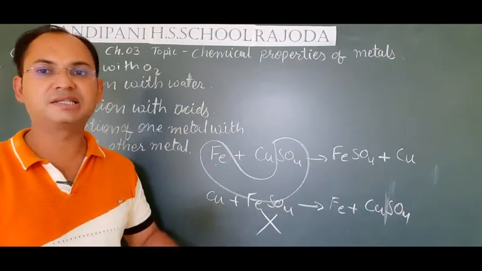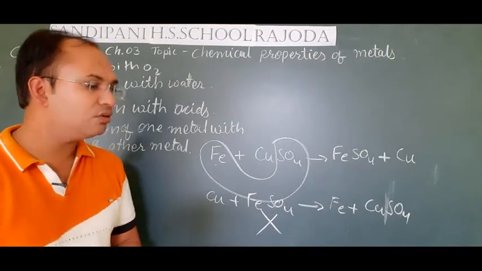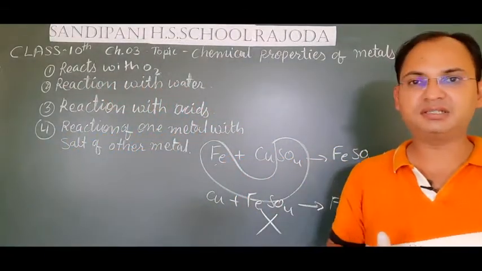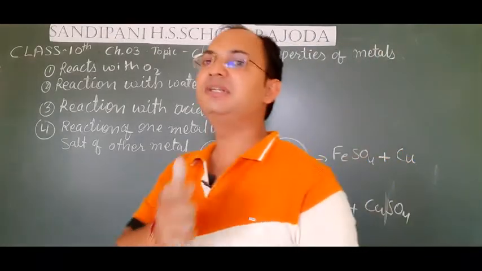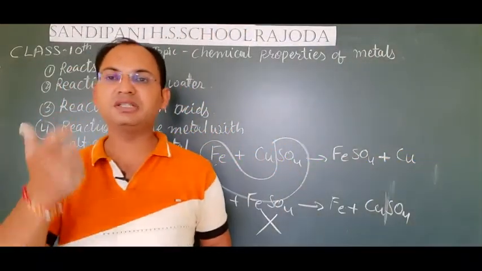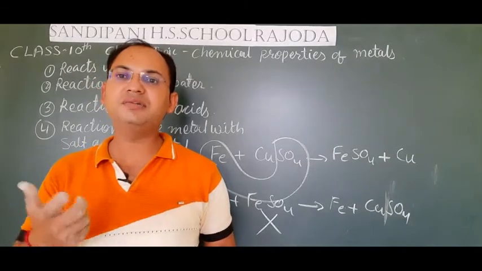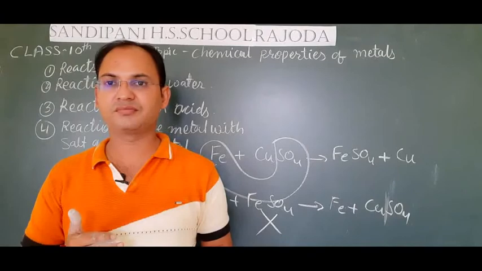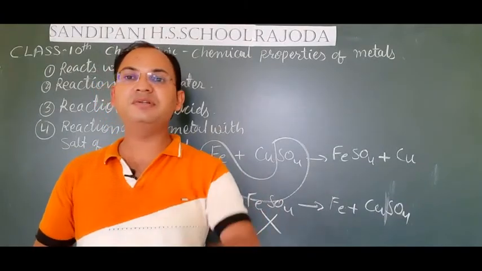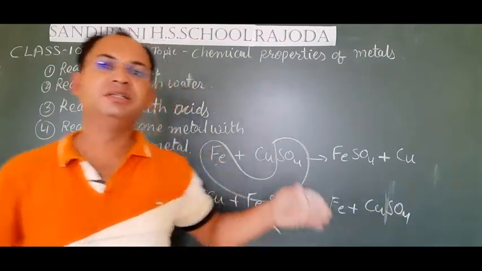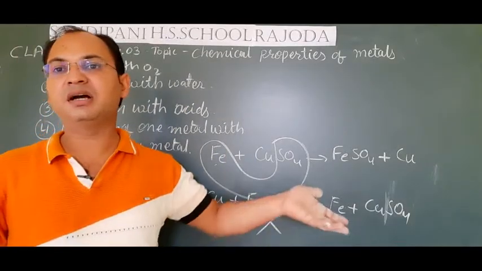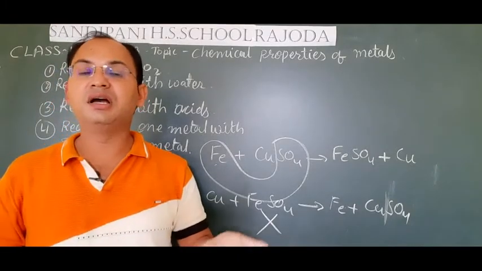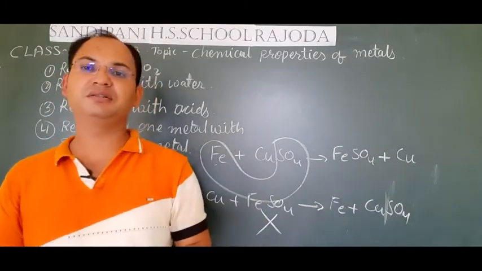Copper is less reactive. So, in order to understand which metal is more reactive and which one is least reactive, we have the reactivity series. The reactivity series of the metal is the series in which the metals are arranged in the form of their reactivity. It will be more convenient for us to understand which metal can be replaced by another metal, which metal will replace that metal, and which metal cannot replace that metal.